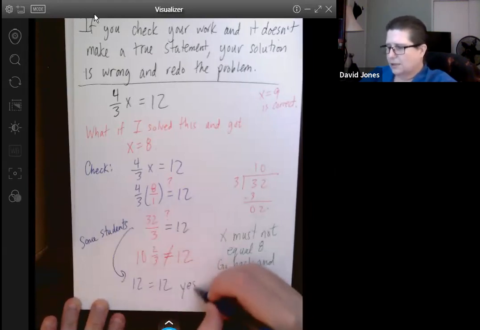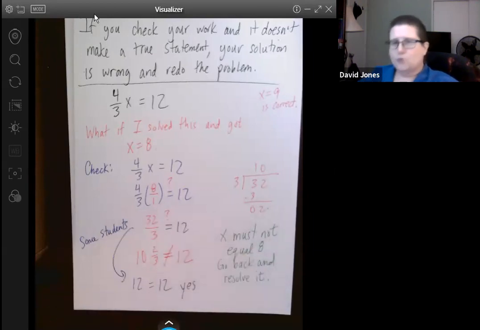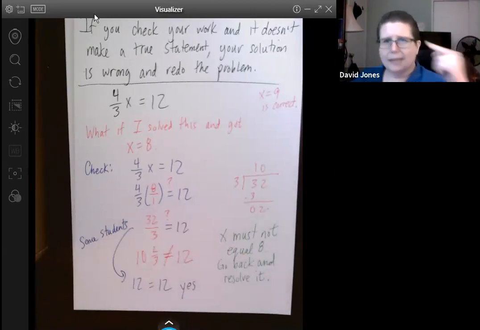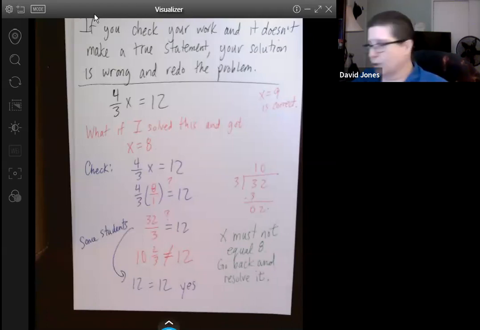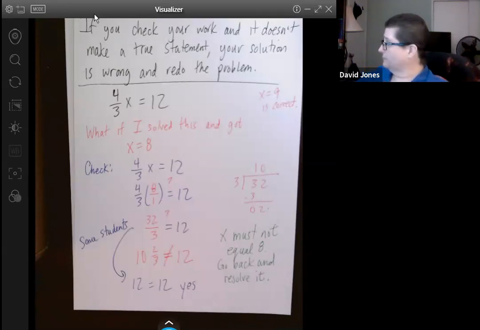Well, no, that's not true. This does not equal 12. You can't force it to work. If the answer doesn't work, it doesn't work. Just make sure you go in and check your work and then resolve the problem. Or go back and do it step by step and figure out where you went wrong. It might have been something as simple as a number you added wrong. You might have missed a negative sign when you needed it. Those are 2 common mistakes.